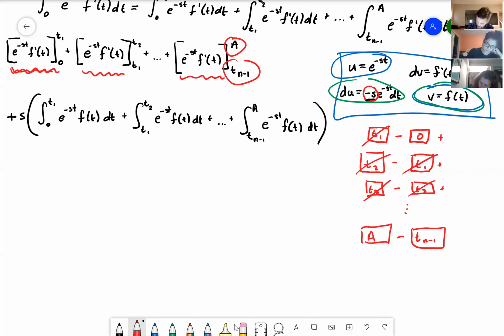Now this tn minus 1 will cancel with the term appearing before it. What we'll get out of all of this is just the 0 and just the a. All of the other ones will go away, canceling out like a telescoping series.